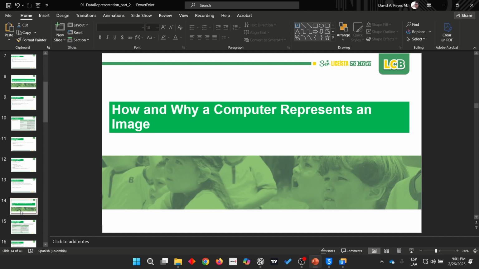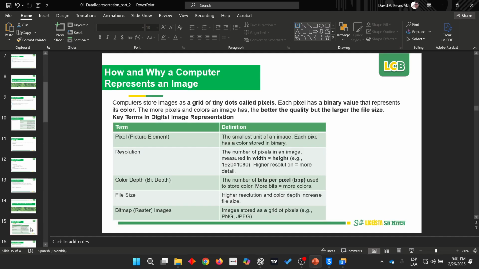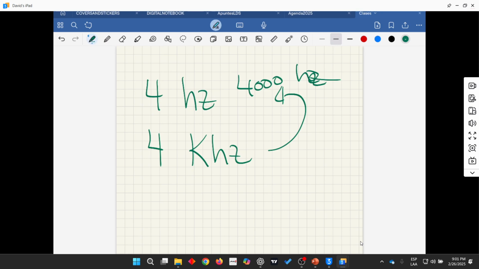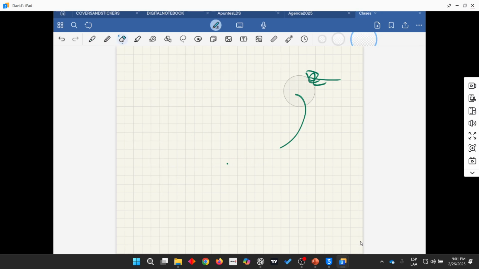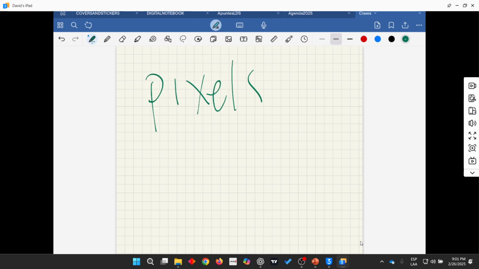How and why a computer represents images? When we are talking about images, you need to remember that we must talk about pixels.